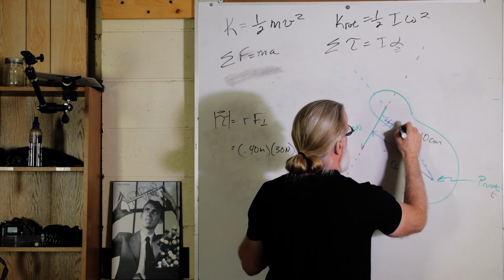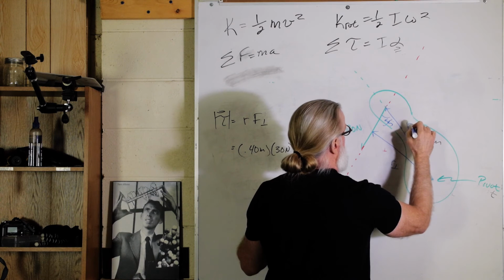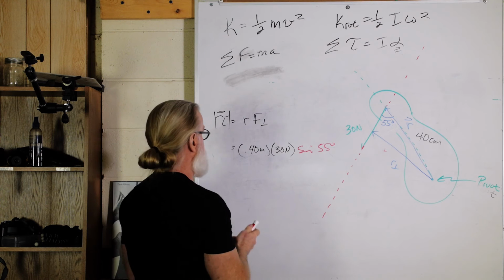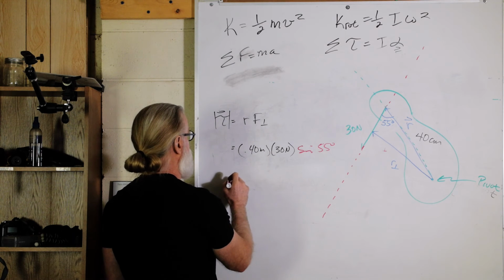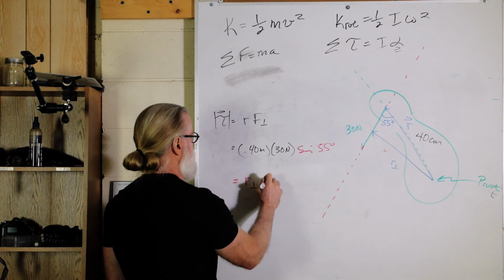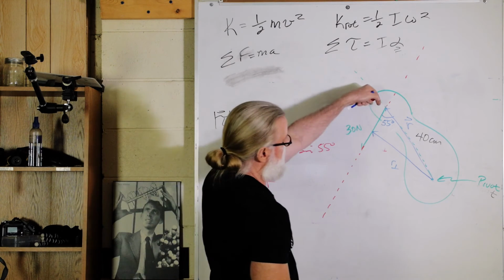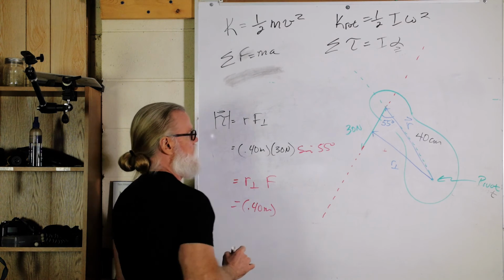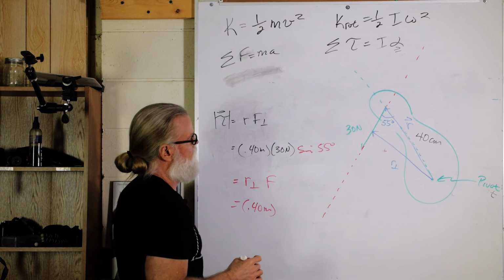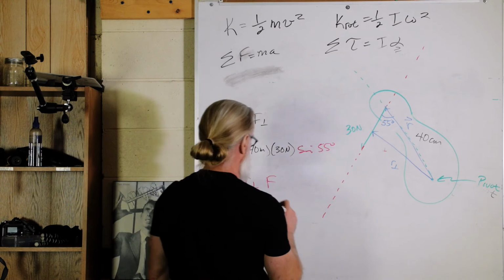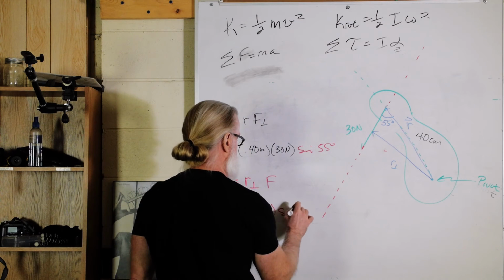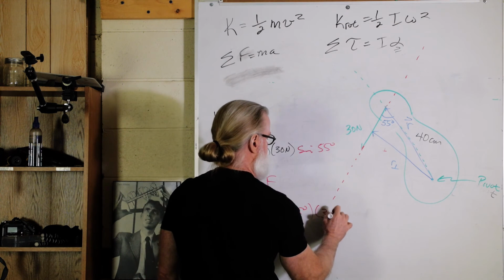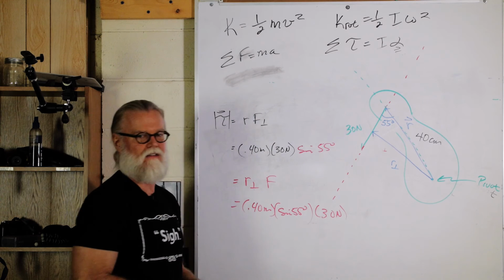So if we say that is r perpendicular times F, well, r perpendicular is 40 centimeters times sine of 55 degrees times 30 newtons. So we see we get the same answer.